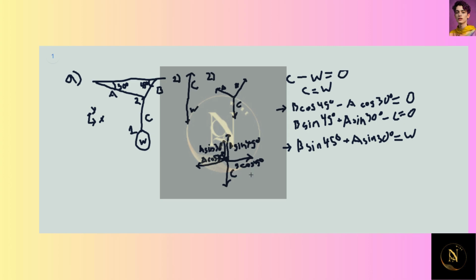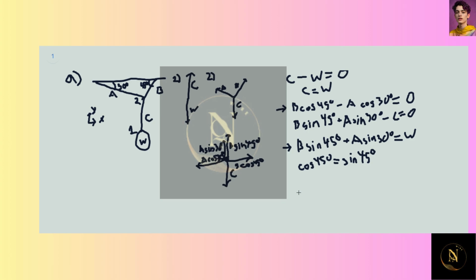So I want to eliminate one of my unknowns here and then solve for the other. We can use our knowledge of trig to say that cosine of 45 degrees is equal to sine of 45 degrees. So if we just subtract these two equations from each other, the first terms in each one will cancel each other out.